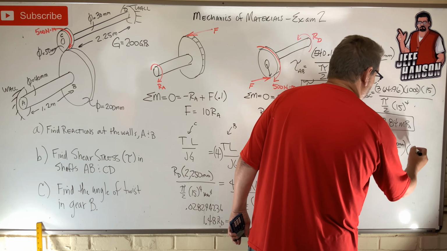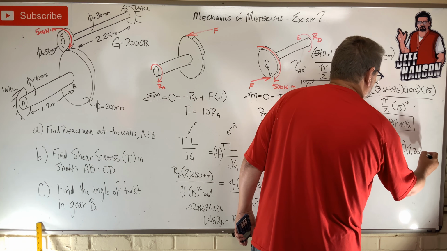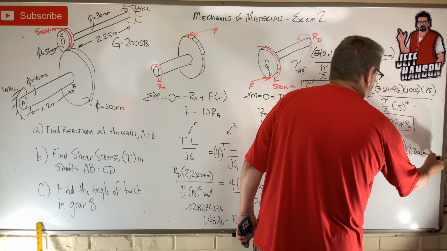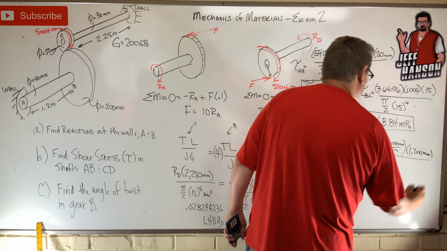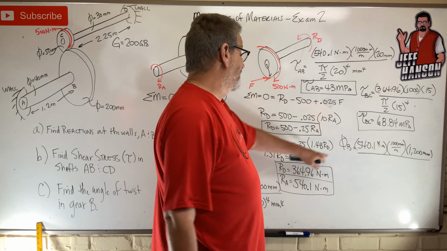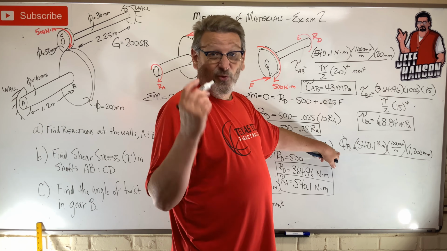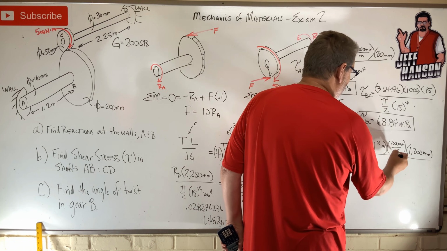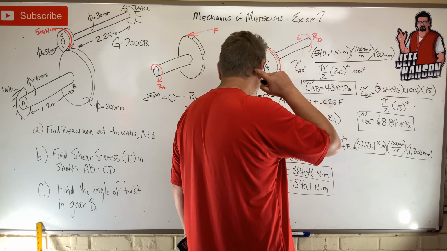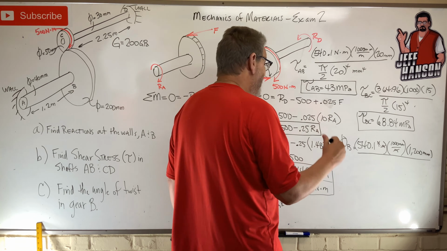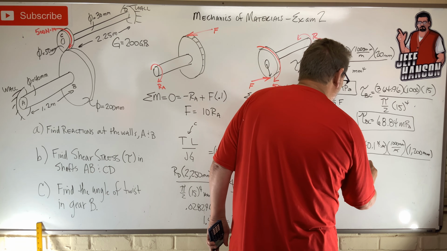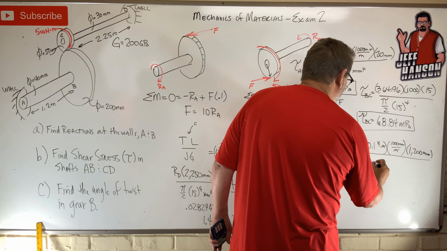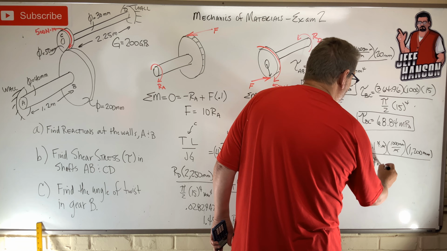I'm going to call it 1,200 millimeters. Divided by, because what's the unit for phi? Radians. So every single unit in here needs to cancel out, right? Over J, which is pi over 2 times 20 to the 4th millimeters to the 4th.